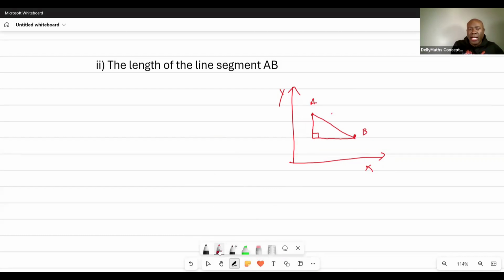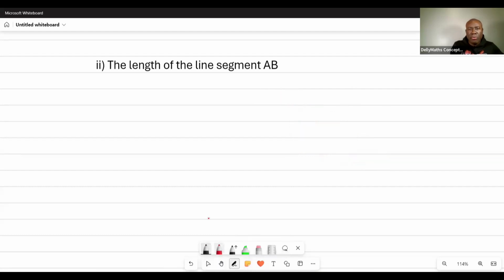With this right triangle, the change in y from here to here will give us this distance, and the change in x will give us this distance. So we are able to use the change in the vertical axis and the change in the horizontal axis to work out, using the Pythagorean theorem, the length of the hypotenuse. And that's what we're going to be doing.